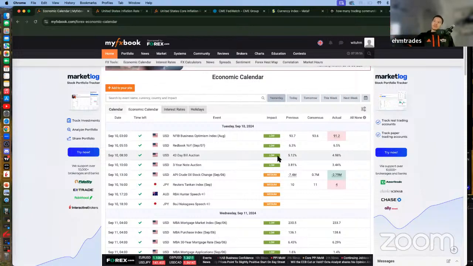Like I said, look at the previous, tell me the percentage, look at the actual, whatever the percentage is. In this case, we would have seen this affect the dollar in a negative way because it went from 5.12% interest on this auction or bill to 4.98. This went from 3.81 to 3.44.